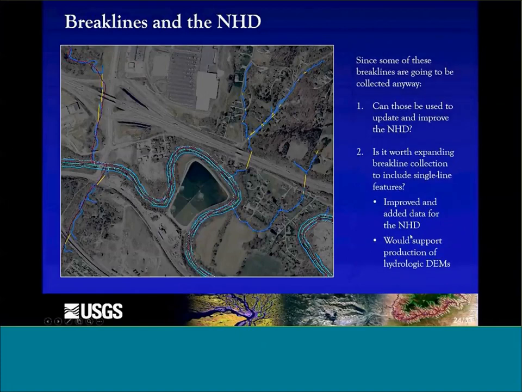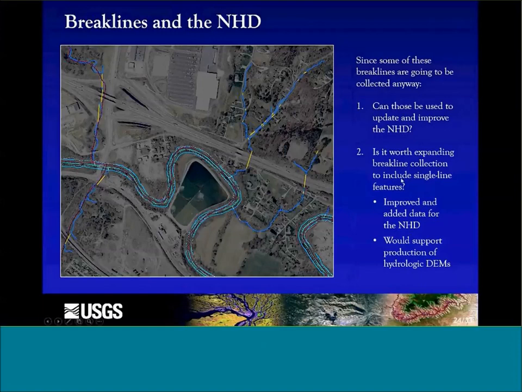So when we go and do the collection of break lines for hydro-flattening, we're collecting features very accurately that basically reflect what the NHD would have or should have, we like to think, with a much higher degree of detail.